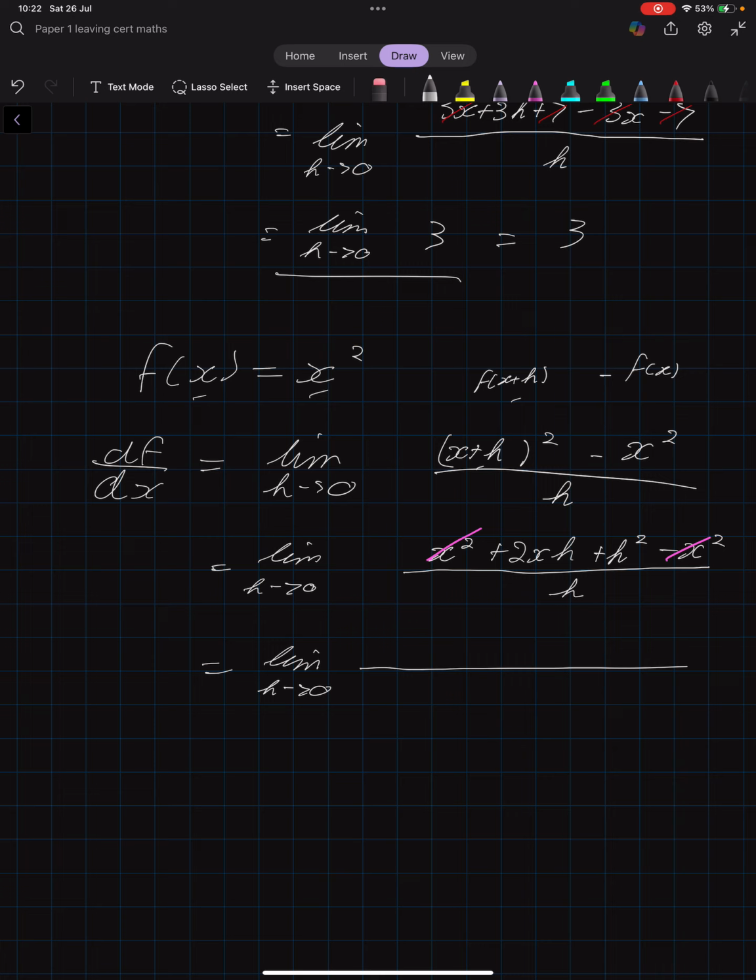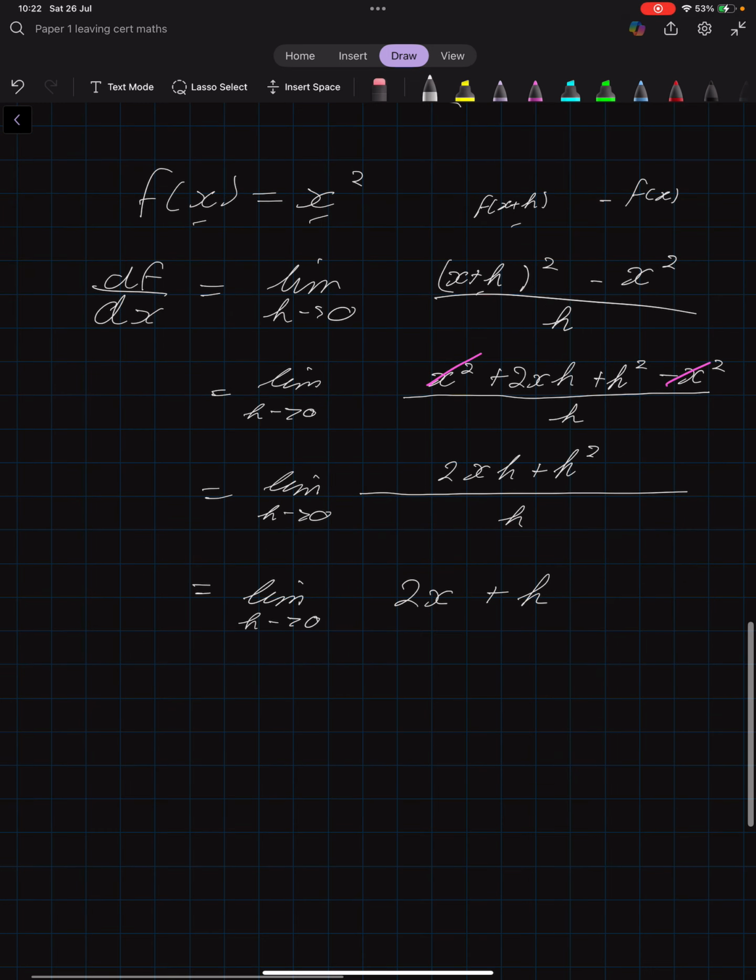I'm just left with 2xh plus h squared all over h. This is the limit as h goes to 0. 2xh divided by h is just 2x. H squared divided by h is just h.